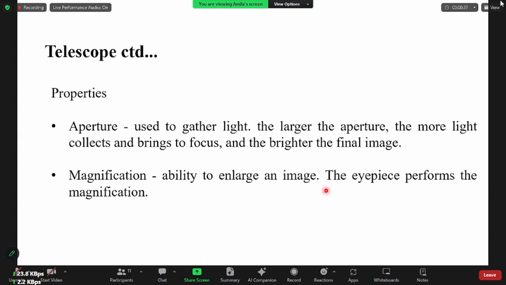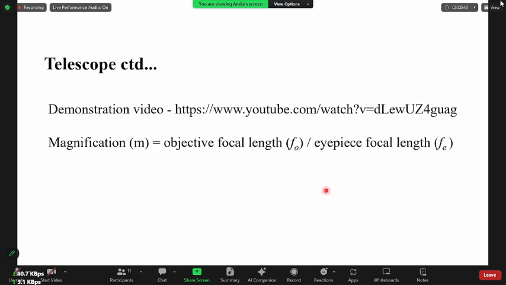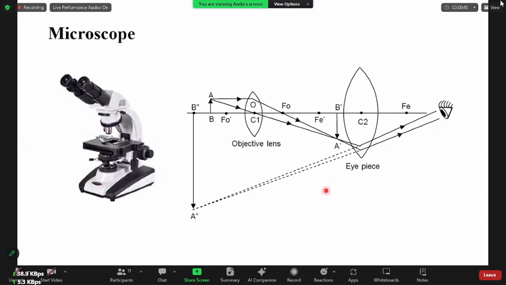When it comes to the telescope and the microscope, the properties of the lenses, like magnification and power, you need to decide according to the requirement.